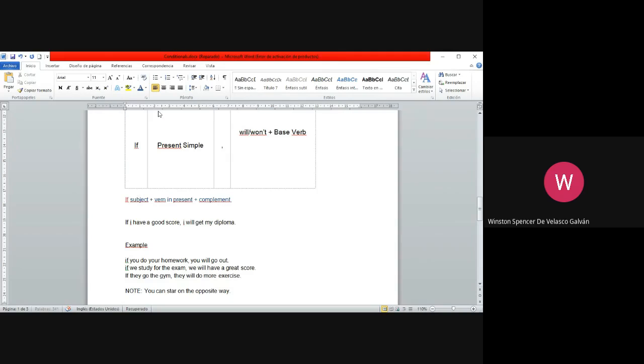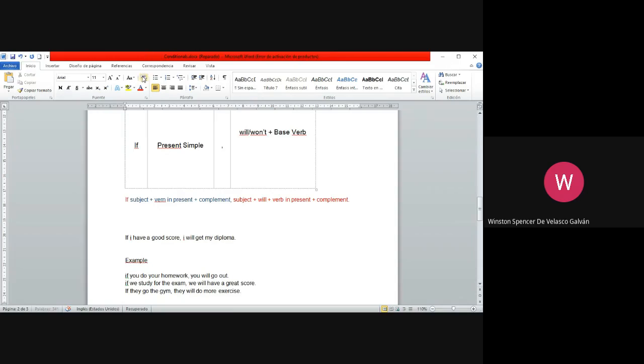And we need to add the comma. And the second part, I'm going to write it with a different color, and this color is going to be the red one. We can use this subject plus will, which is going to be for the future, plus a verb in present, plus a complement. Yep.